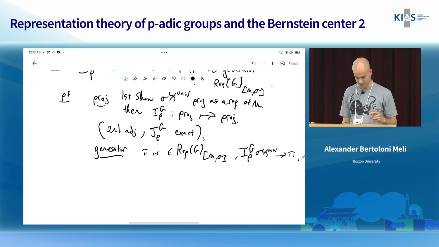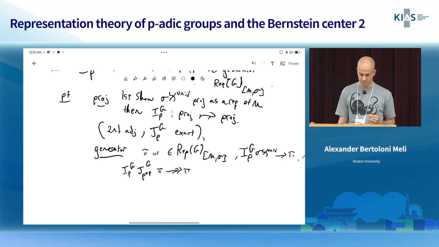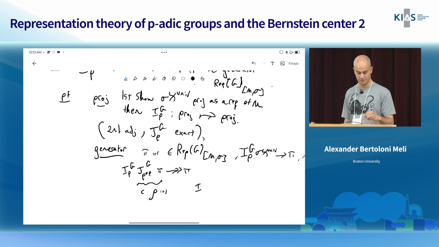And how do you do this? Again by second adjointness, there's just formally some map of this form. Then you can take some irreducible rho in here that maps to pi, so then you get a map like this.